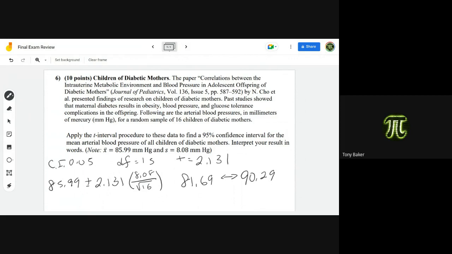So I'm 95% confident that the actual mean blood pressure for all children with diabetes is between 81.69 and 90.29.